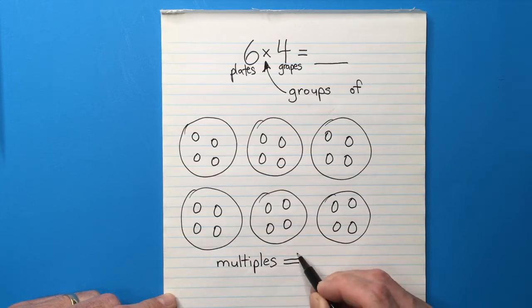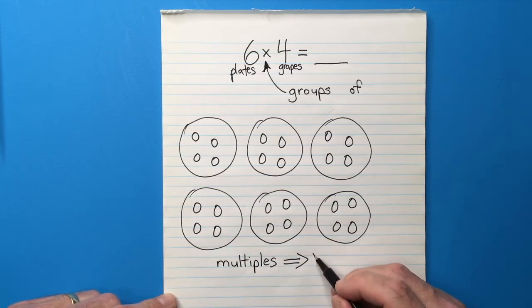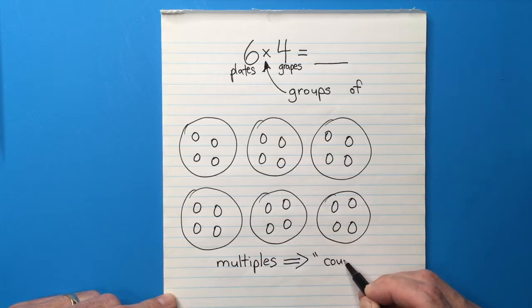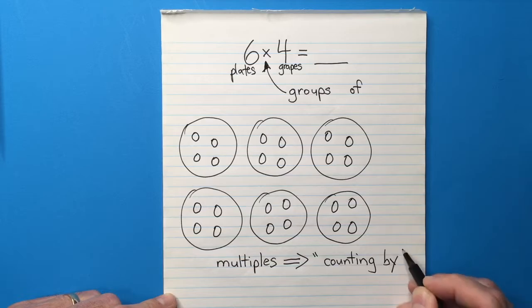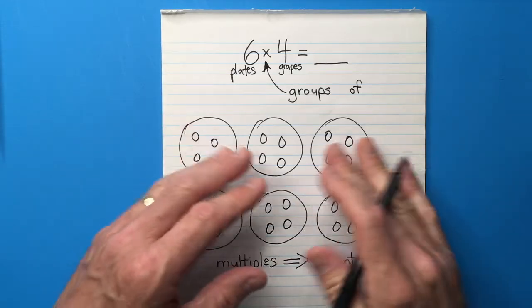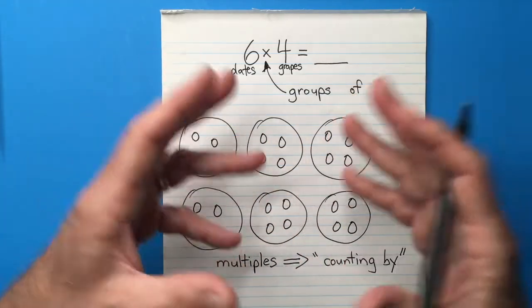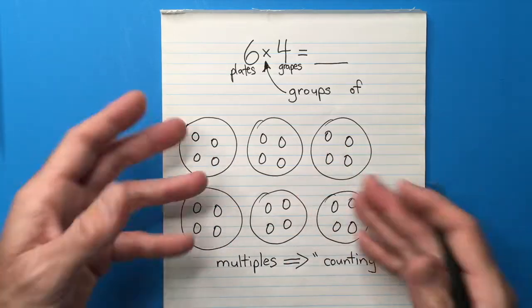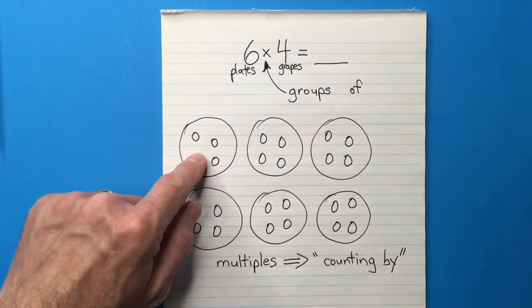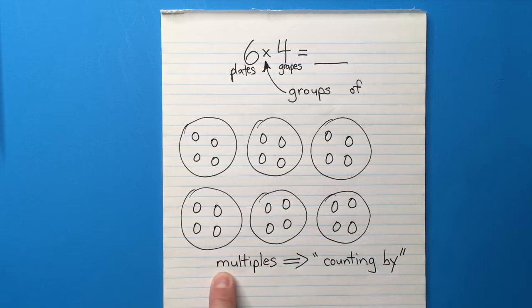You might know what multiples are because you've said the words counting by. So if you know how to count by different numbers, if you know how to count by 5s or count by 10s or count by 2s or count by 4s, you're actually using something called multiples. And that's another way of sort of saying repeated addition.